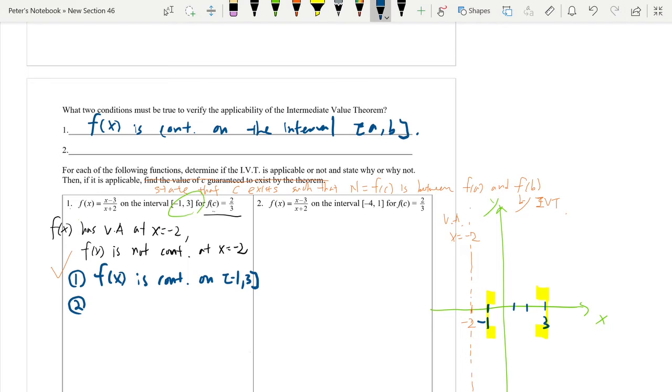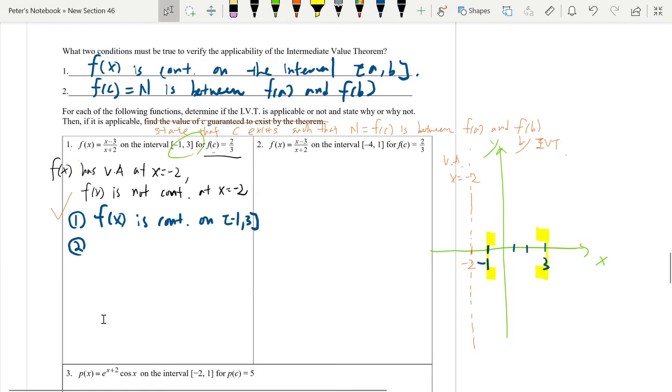So another condition, we're going to say f of c, N, is between f of a and f of b. Here I'm not saying f of a should be bigger than f of b or f of b should be bigger than f of a, but they should not equal each other, and you have to find a number that is between f of a and f of b. I mean, that f of c should be between f of a and f of b.